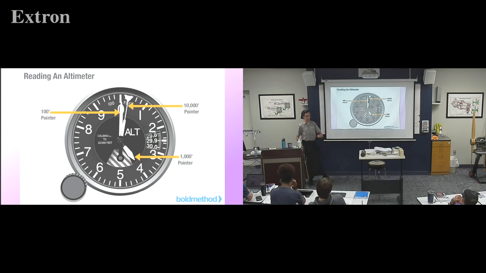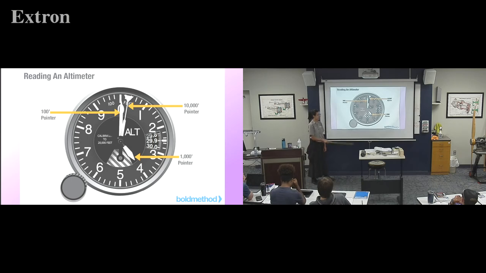So when you're checking aircraft here at Ionia, that's not going to have budged. No. And then it's just like the clock. This guy here, the shorter, chubby one, is the 1,000 foot pointer. And the skinny one is your 100 foot pointer.